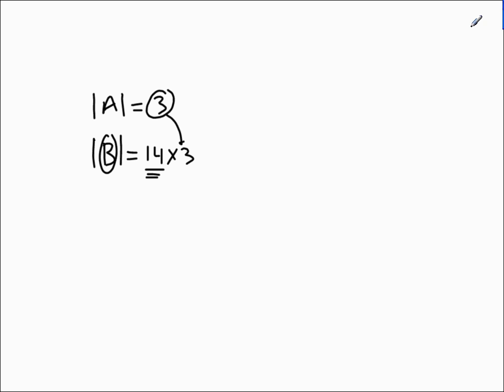The original determinant of A is 3, and I'm getting matrix B by multiplying every entry in some column by 14. The answer to the determinant of B will be 14 times 3. I multiply some column of A by 14, so whatever the determinant of A is, the determinant of B will be 14 times that number. Know that theorem. Know it well.